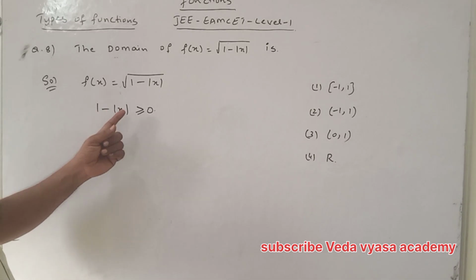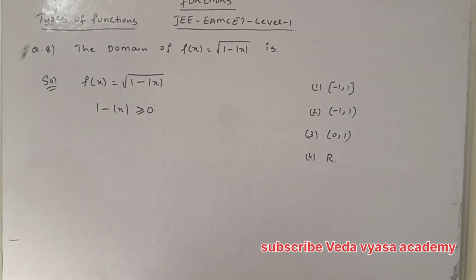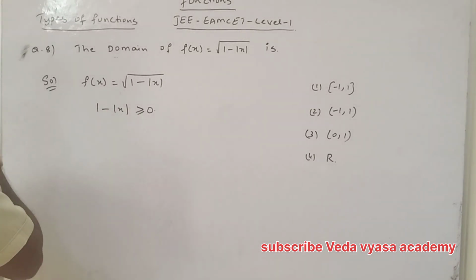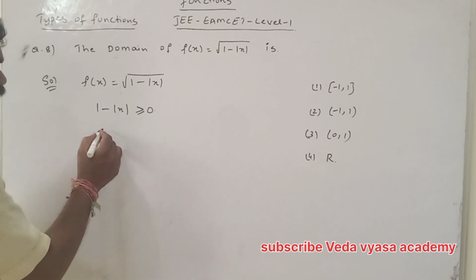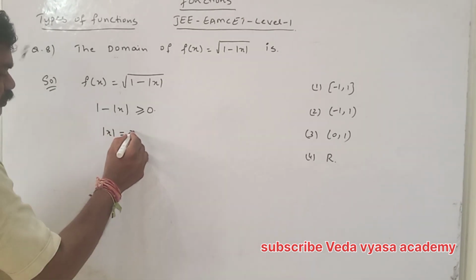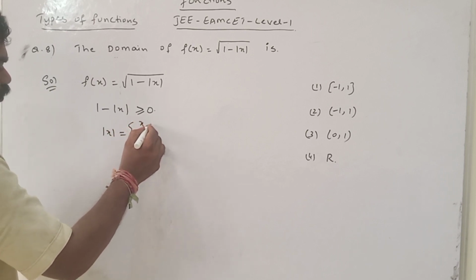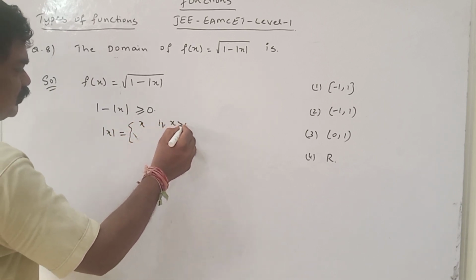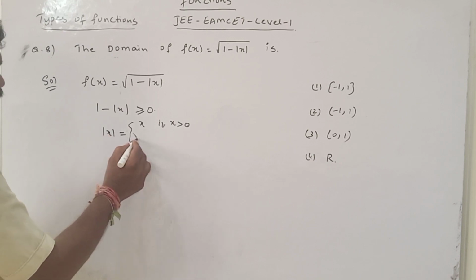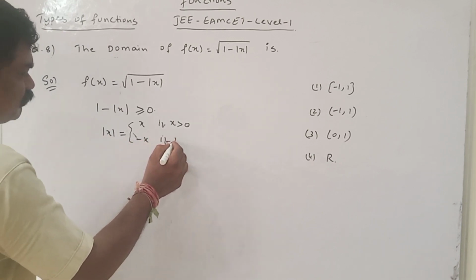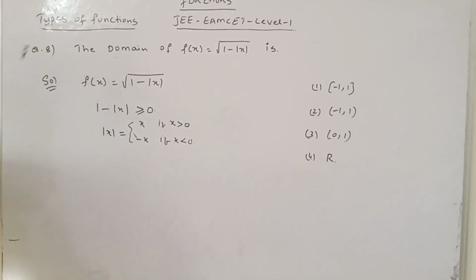Mod x is equal to plus x if x is greater than 0, and mod x is equal to minus x if x is less than 0.